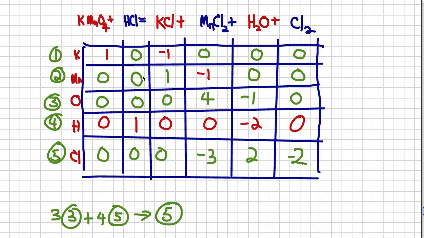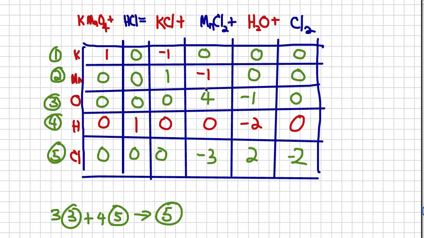I have this, this, this, and this right here. Now let me see what I can do about the negative 3 here. If I want to get rid of this negative 3, I do 3 times row 3. That would give me a 12 here. Then I do 4 times row 5. That would give me a negative 12 there.